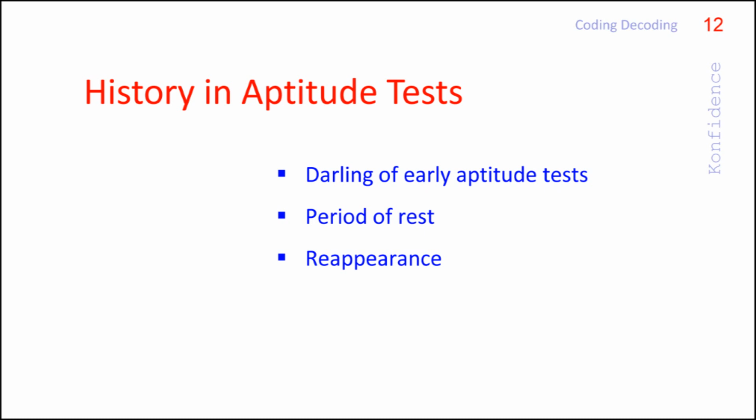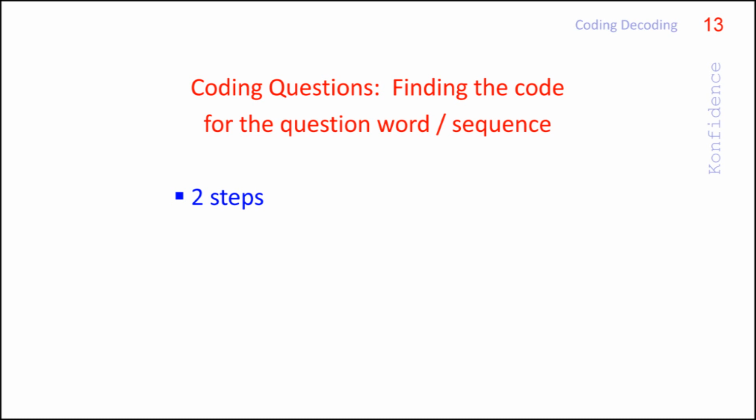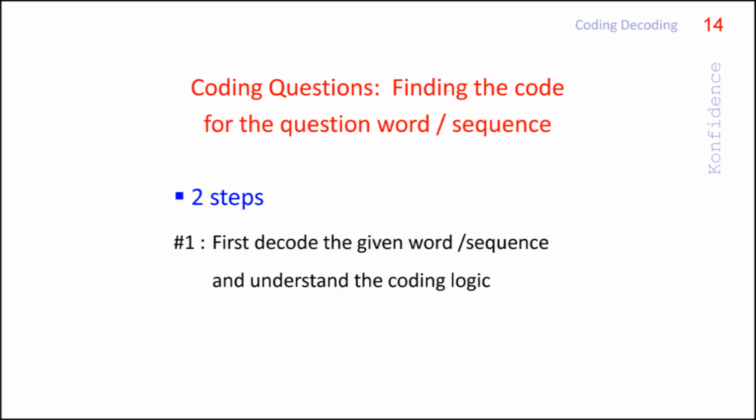Coding questions will want the candidate to first decode a sequence and then use that logic to code a different sequence. So there will be two steps to the process. There will be a set given where there will be a sequence and then a code.